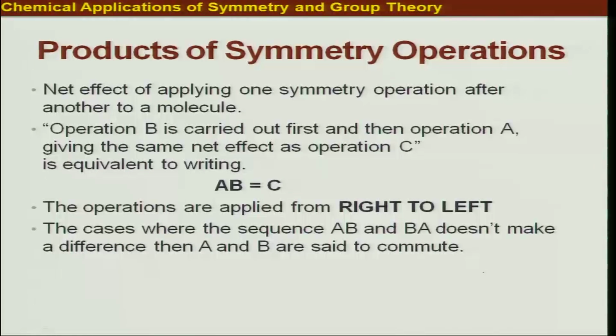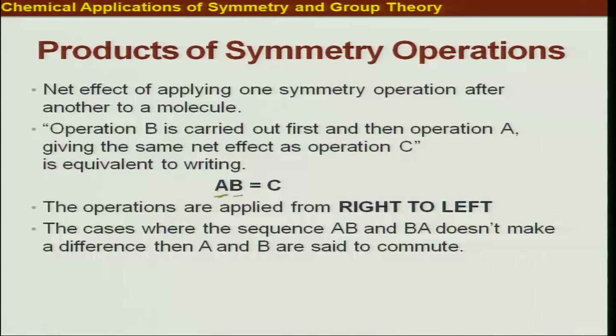So, the way we do it, we mentioned earlier also. Here we are being a bit explicit, and suppose I operate B first. B is an operation belonging to a particular group, and then on the resultant we operate A, which is another symmetry operation.